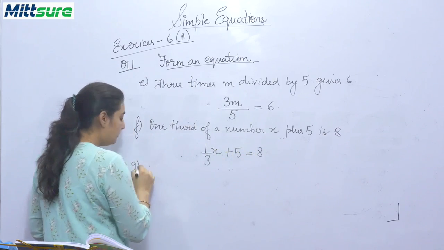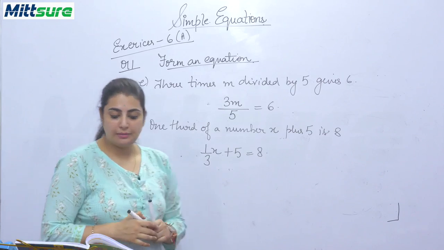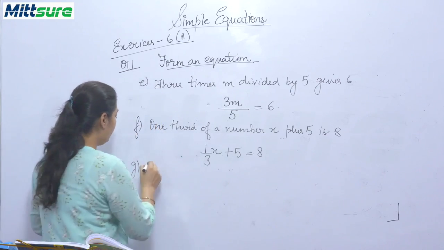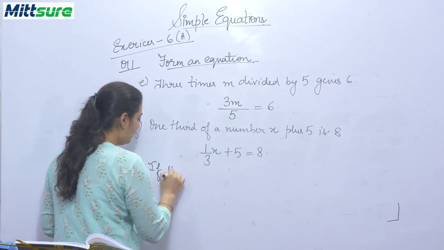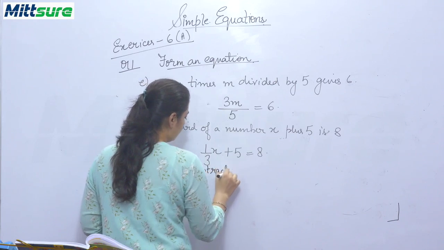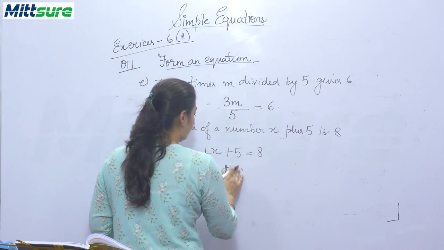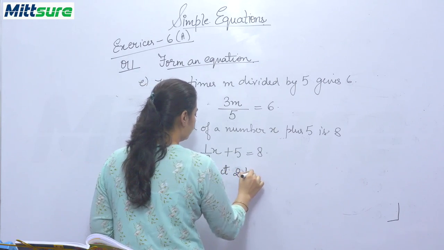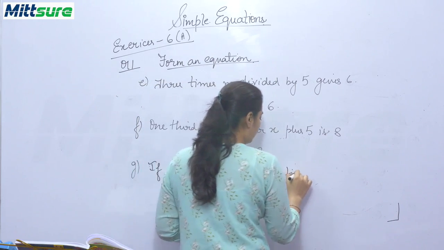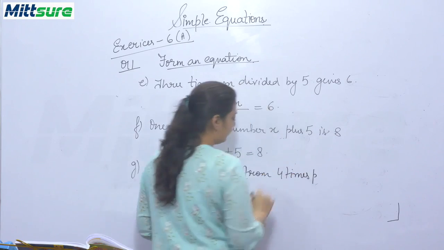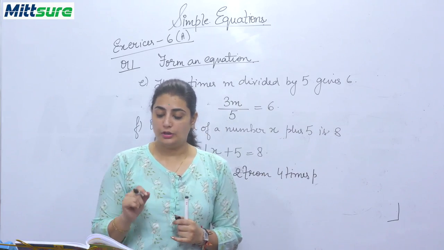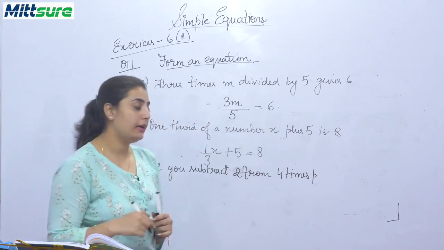Then the G part: if you subtract 2 from 4 times p, then you get 18.